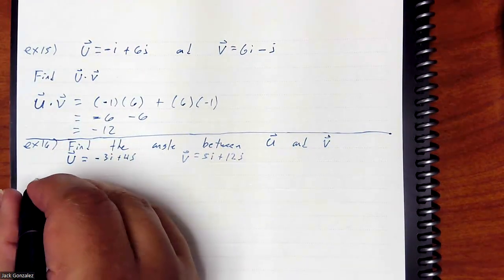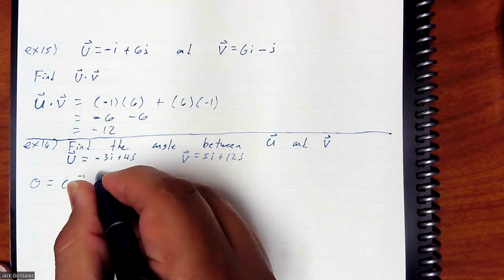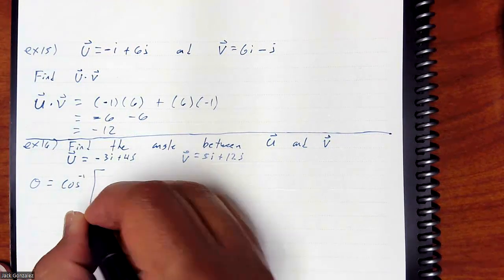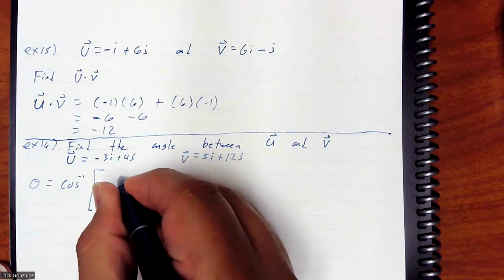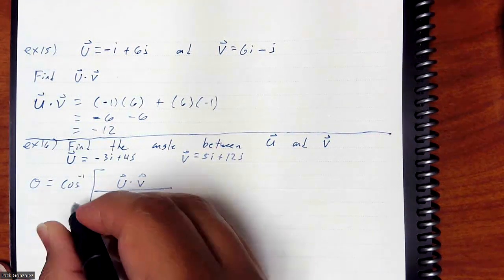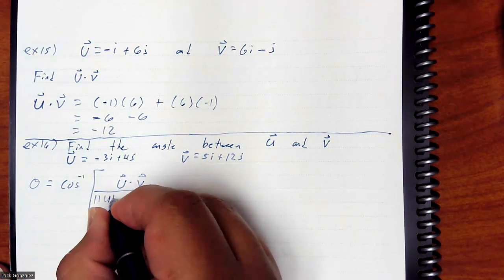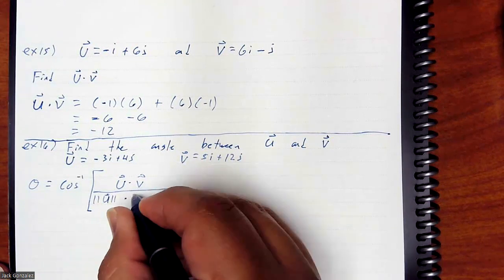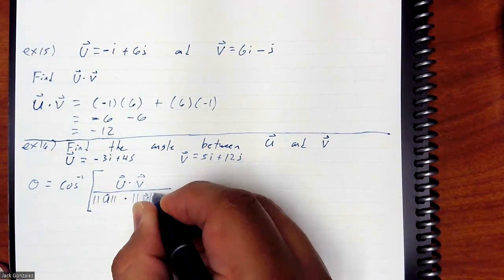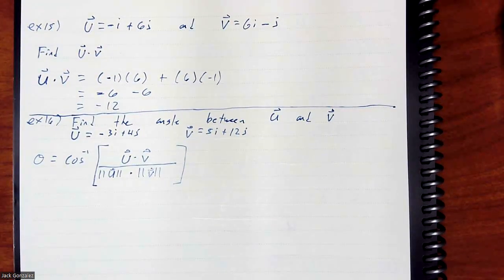So the formula for the angle between vectors is this: cosine inverse of u dot v over the magnitude of u times the magnitude of v. So first find the dot product.